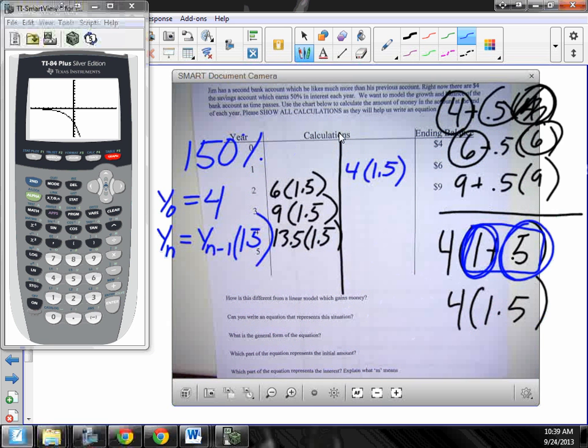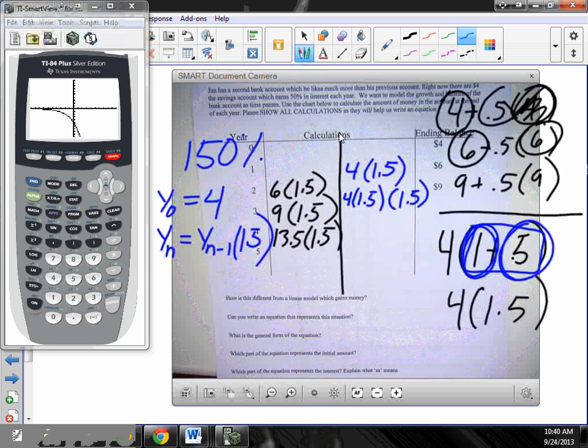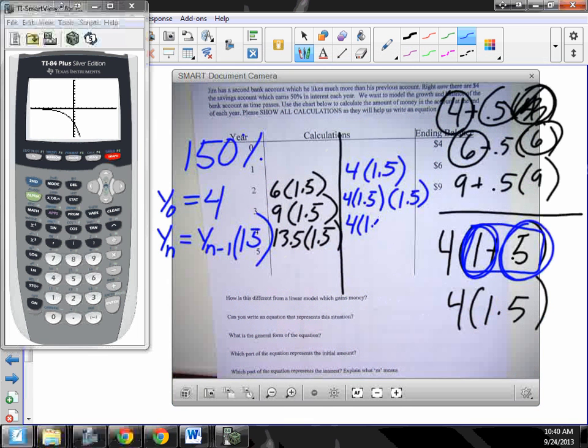So this ends up being 4 times 1.5, which is last year's value, and I'm going to times it by 1.5 again. And notice in year 2, you have two 1.5s. Well, I'm getting a little bit lazy. For year 3, I will have 4 times 1.5. How do I do 1.5 times 1.5 times 1.5? Third power.